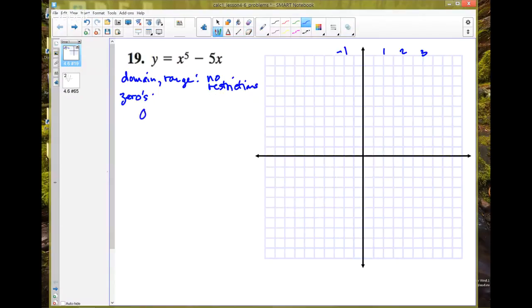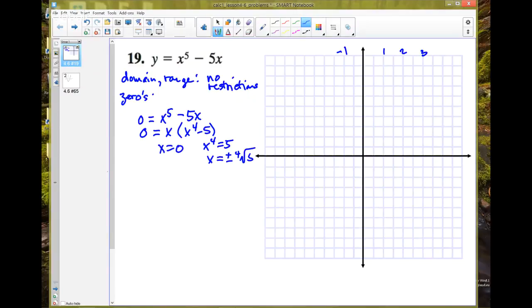So set it equal to 0, and then factor it, and then set each factor equal to 0. On the other side you'd have x to the 4th equals 5, and then you'd have to take the 4th root of 5, plus and minus.